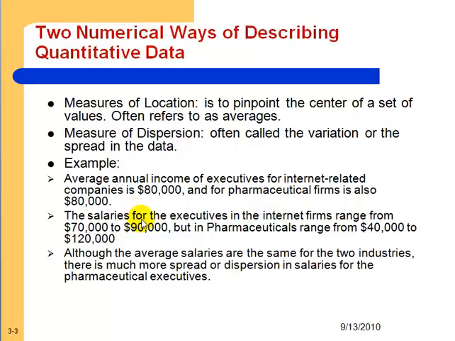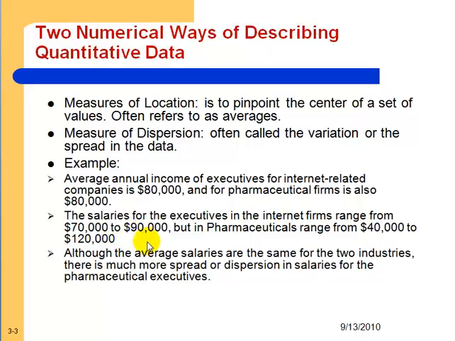But the salaries for the executives in the internet firms range from 70,000 to 90,000. Well, in the pharmaceutical companies, it ranged from 40,000 to 120,000. What does that mean?